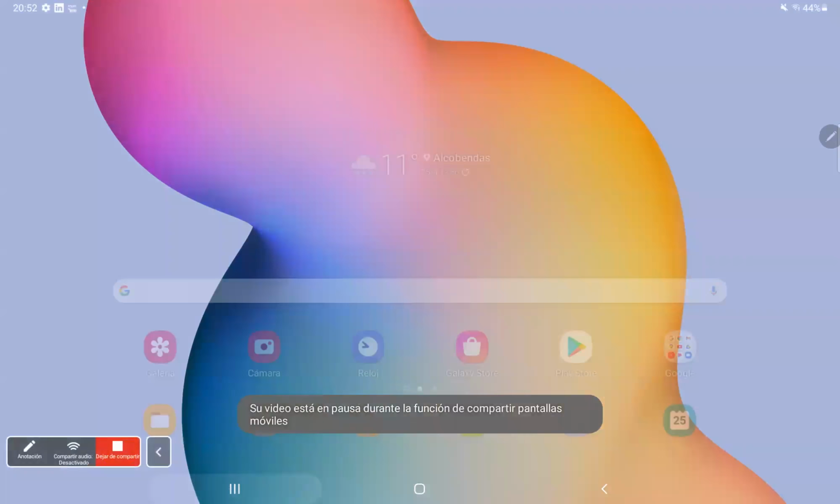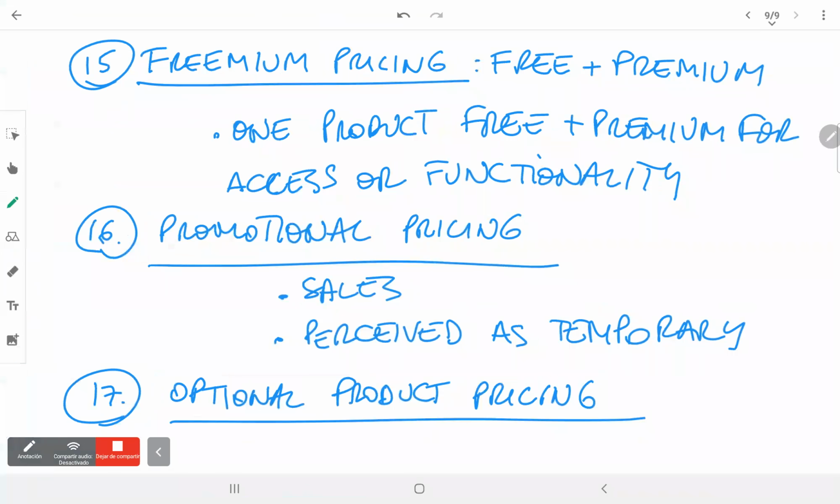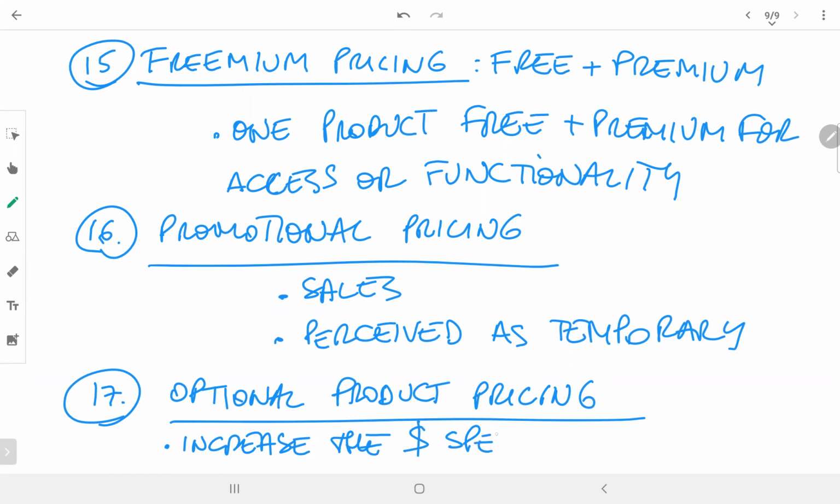So airlines are good at that, for example, and we're going to see another example in a minute. But optional product pricing, essentially, companies are trying to increase the dollar spent by customers once they start buying.